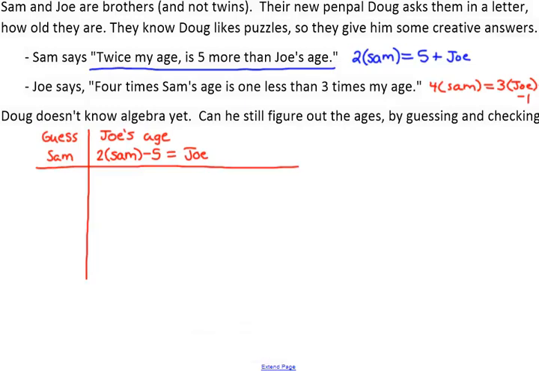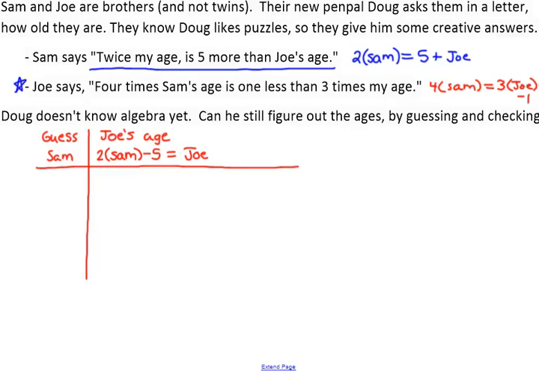Okay, so basically what we want is 4 times Sam's age to be equal to 3 times Joe's age minus 1. That comes from this second part.